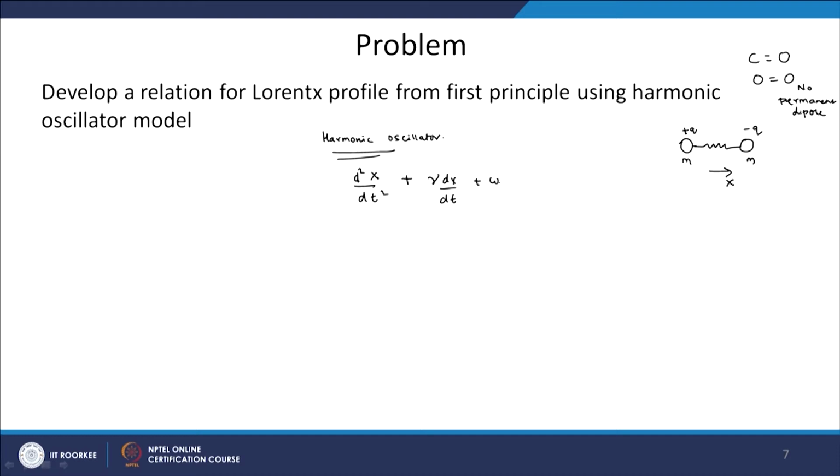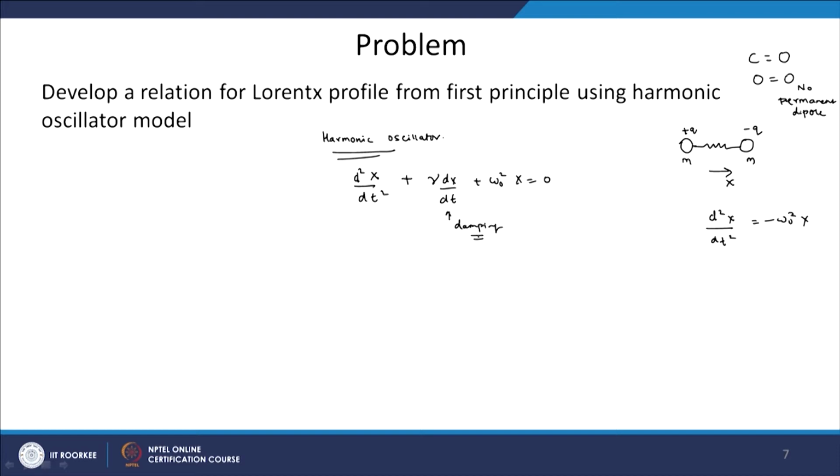So, this is a modified harmonic oscillator equation. Normally, you will not have this term. The harmonic oscillator equation will be d square x by dt square is equal to minus omega naught square x. But we have added this term. This is basically for damping, when we have damping or capacitance coming into play.